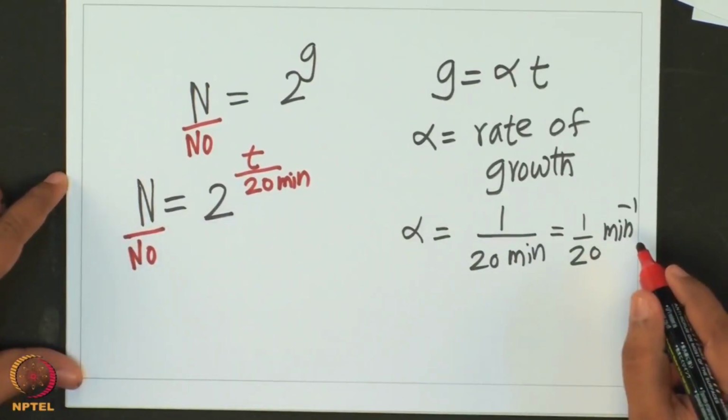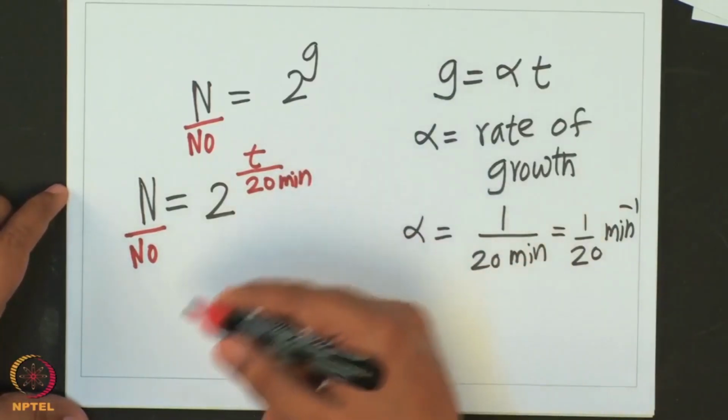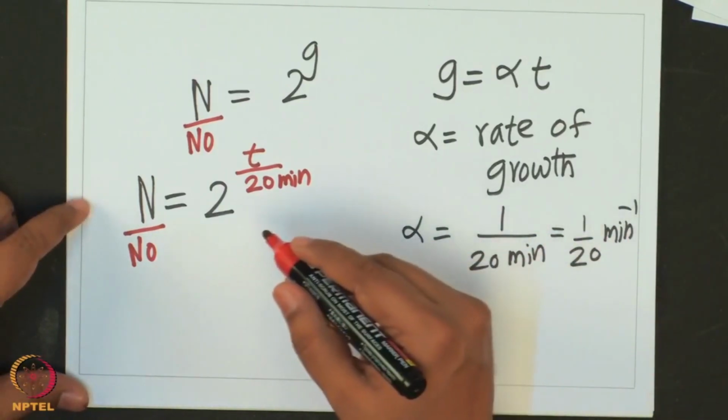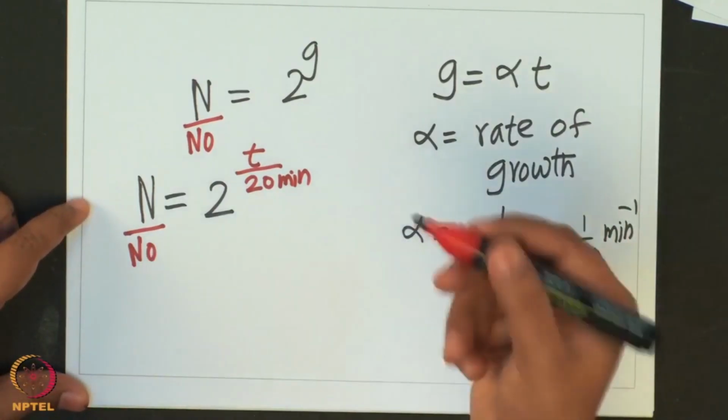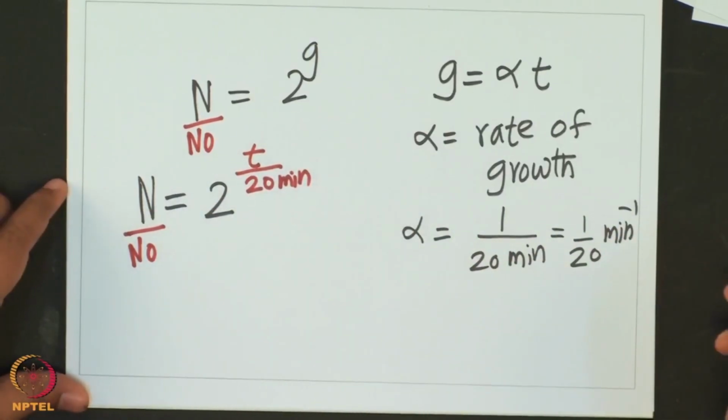If I write this, I would get a formula, and a plot which would again be exponential growth. If I start with N0 equal to 1, of course at t equal to 0 you will have N equal to 1.